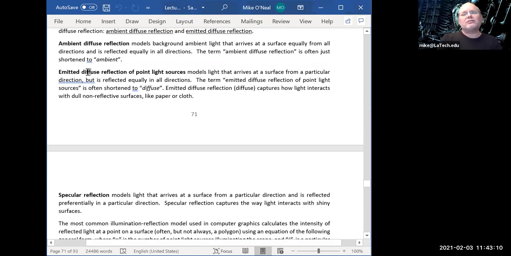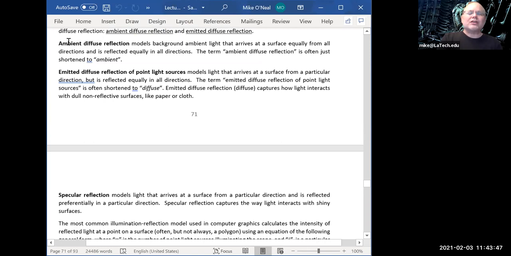Why does this one get to be called diffuse? Well, ambient light is light that's coming in from all directions and is bouncing in all directions. When I say ambient diffuse, I'm really saying environmental light that bounces off in all directions. So the diffuse here is talking about the way the arriving light is reflected. Ambient is light that's coming in all directions and being reflected in all directions.